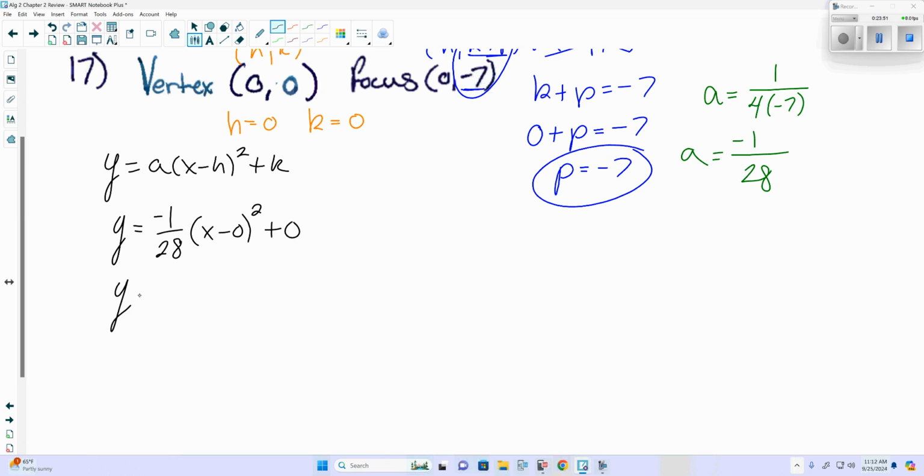But we can also simplify the zeros. And it simplifies down to Y equals -1 over 28 times X squared. And I've seen it, not a whole lot, but I've seen it a few times. Do make sure that exponent looks like an exponent. Just make sure it doesn't look like X times 2.